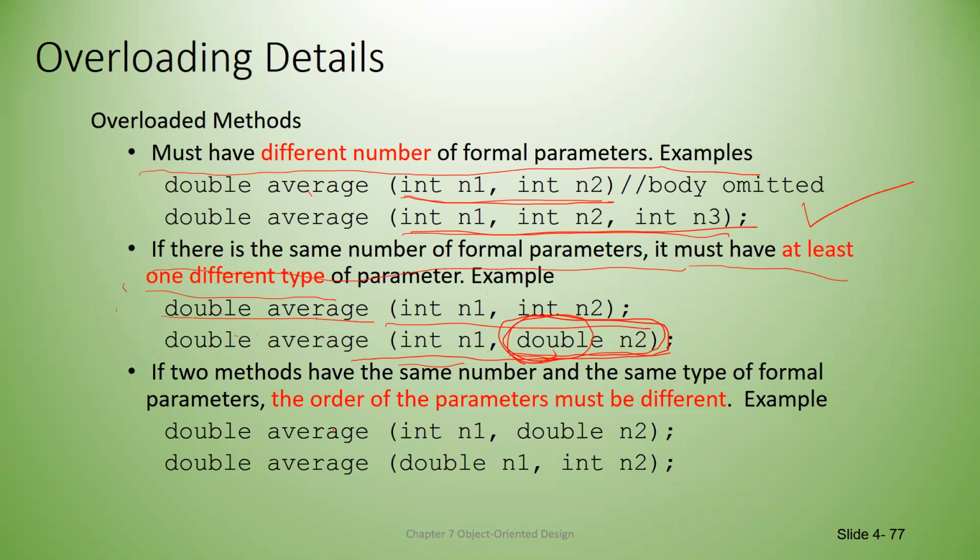That's okay. This one, you have the same data type, the same number, but the order is different. So int, double, and double, int. That's okay. That's called overloading. That's correct.